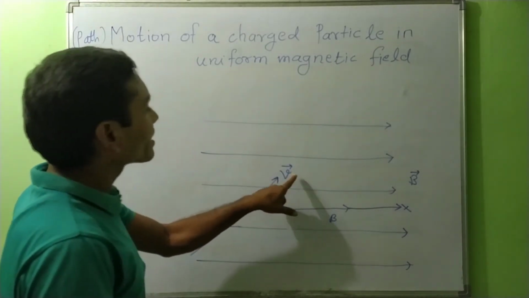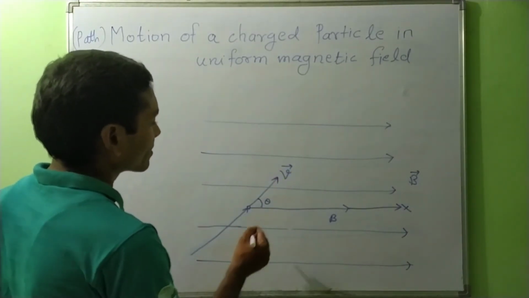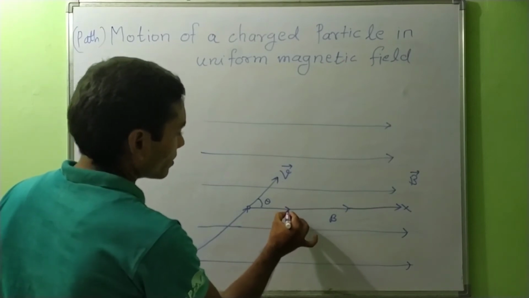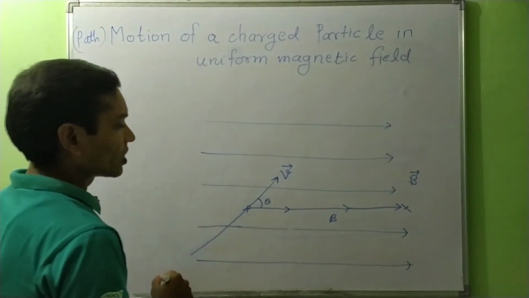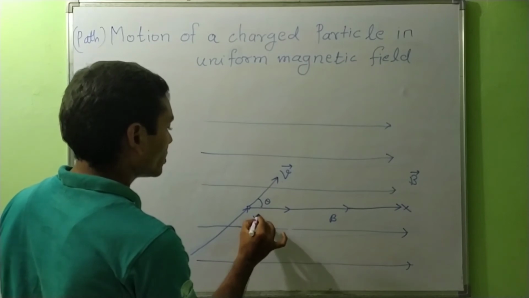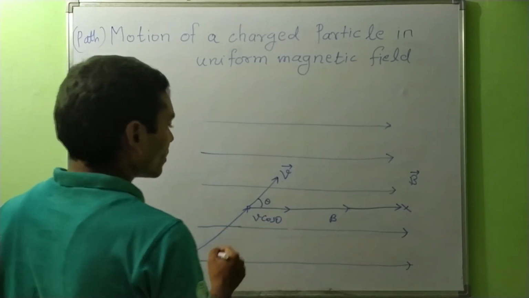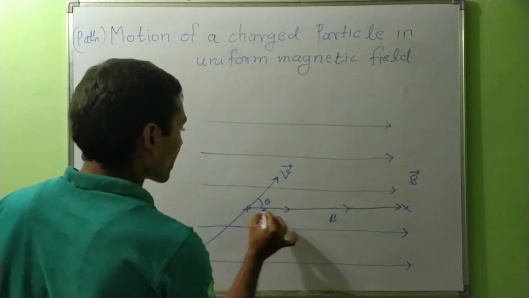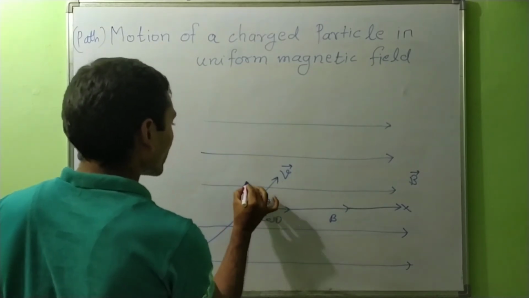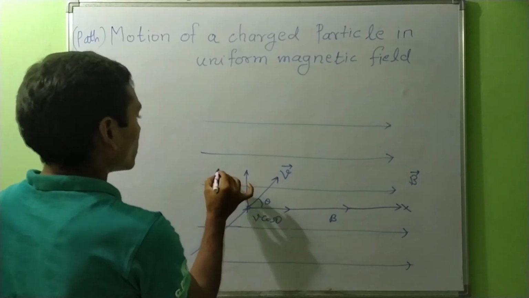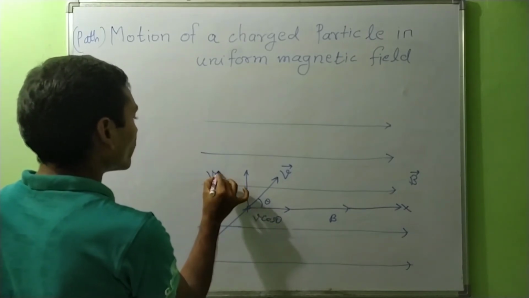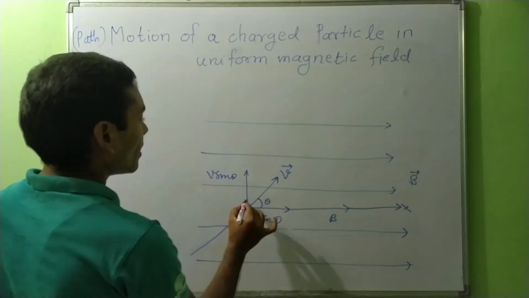So this velocity can be resolved into two components. Along this direction will be the horizontal component, and you know that the horizontal component will be v cos theta, and the vertical component will be perpendicular to the horizontal component along this direction. So this will be v sin theta.